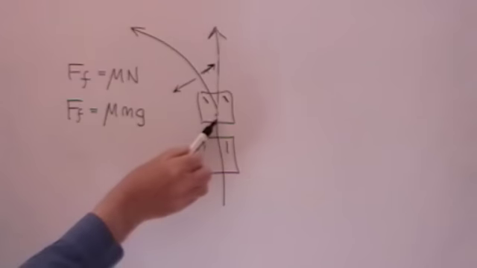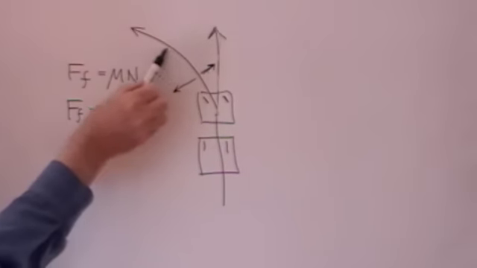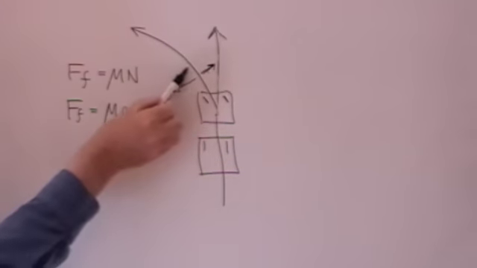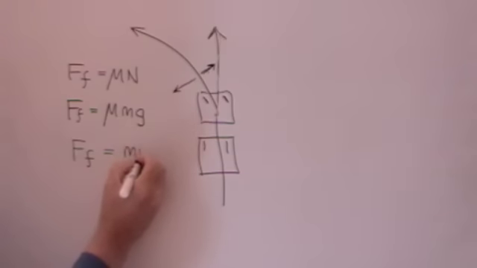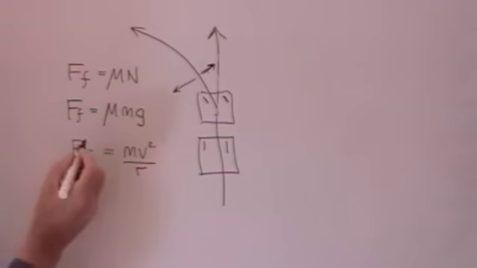That frictional force is providing the centripetal force that gets you to go in, we'll call this a circle, an arc of a circle. And from our video on circular motion, we established that the centripetal force, which is provided by this frictional force, is going to be equal to mv squared over r. This frictional force here, incidentally, was the maximum frictional force.